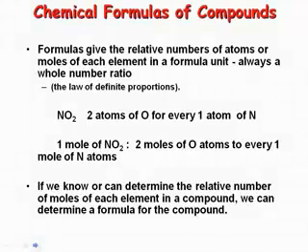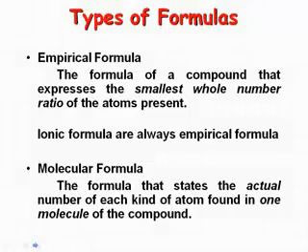Okay, so if I have information to figure out what that mole ratio is, then I can use that to determine the formula of the compound. Now, in talking about formulas, there are a couple of different kinds of formulas that we're going to deal with. Empirical formula is just the formula that represents the smallest ratio present.